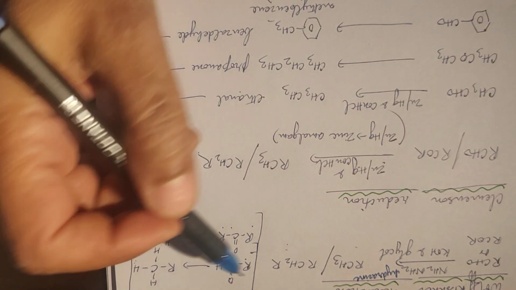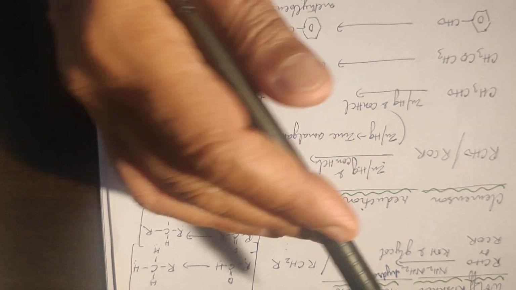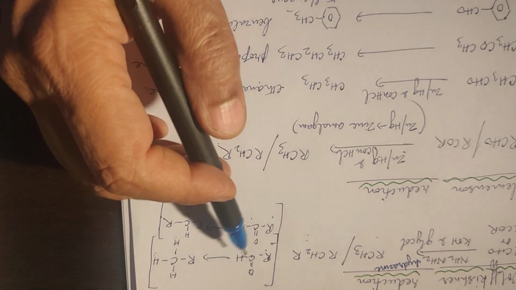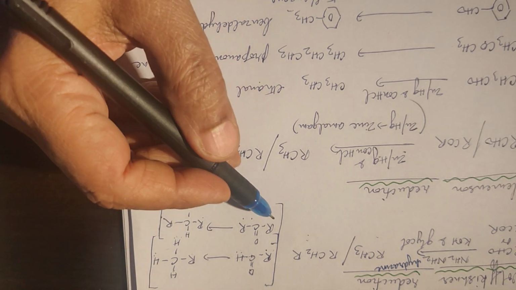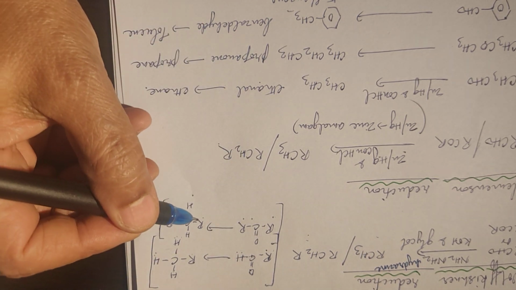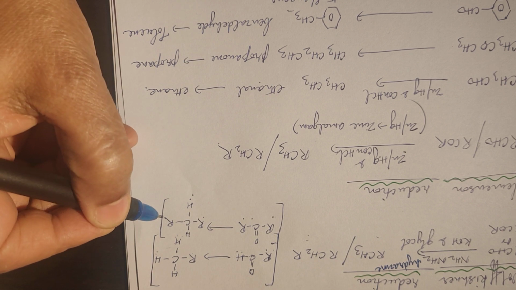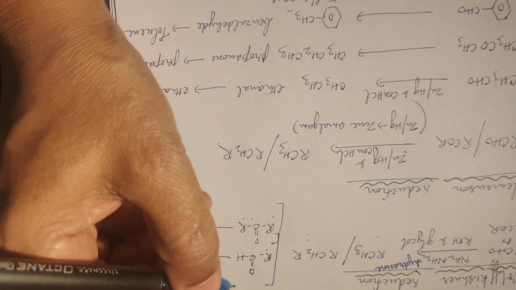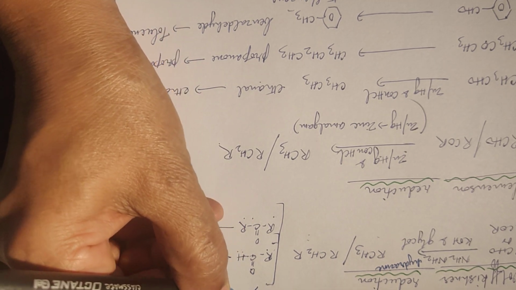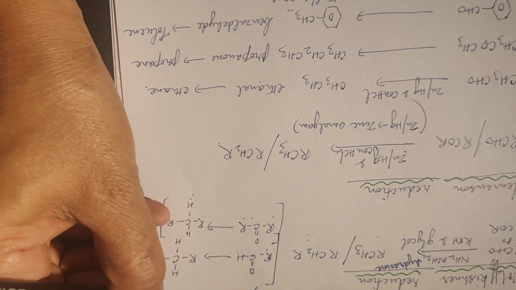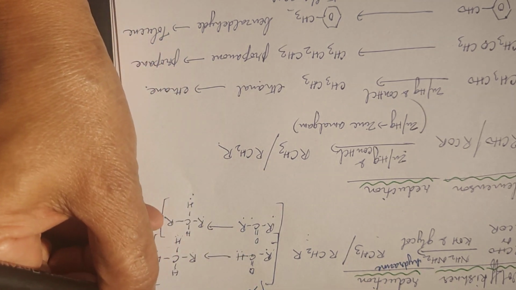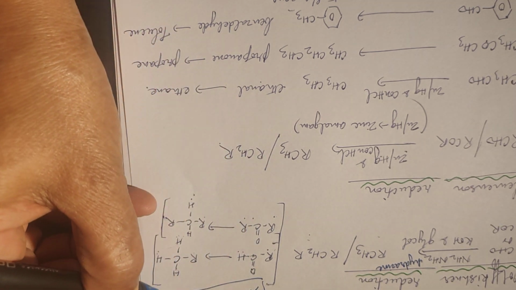So here look, when you say again reduction means addition of hydrogen. So what is happening here? RCHO is becoming RCH3 or RCOR is becoming RCH2R. That means basically what is happening, this C double bond O is getting converted to CH2. This is the basic change that is taking place.